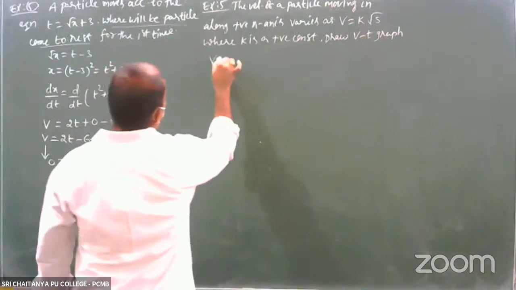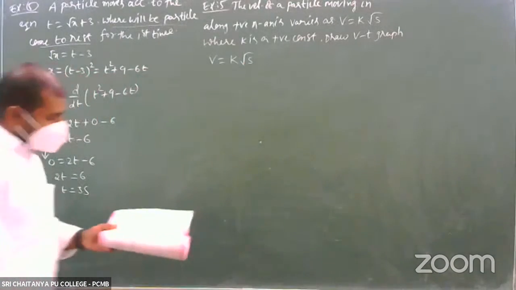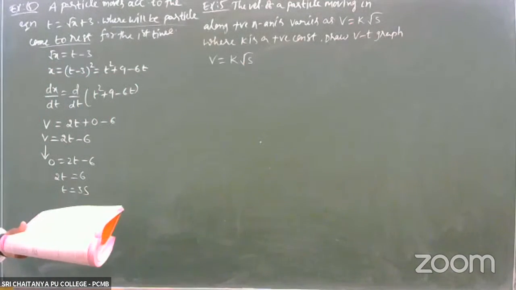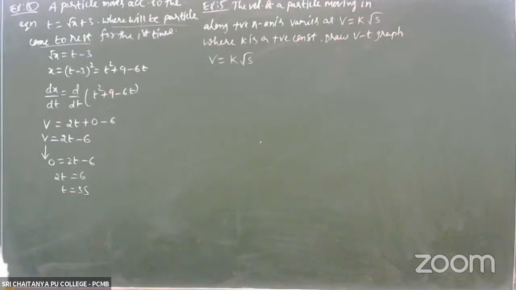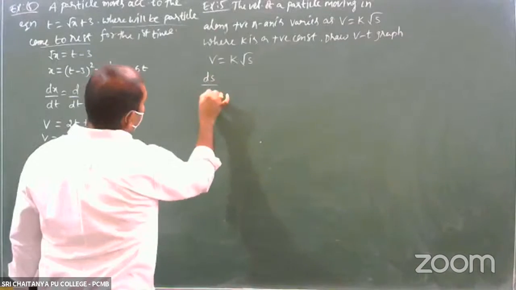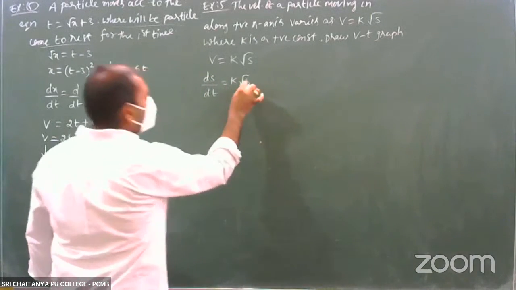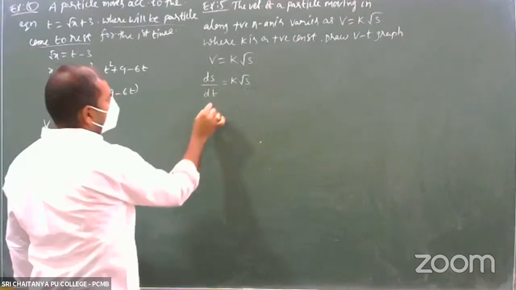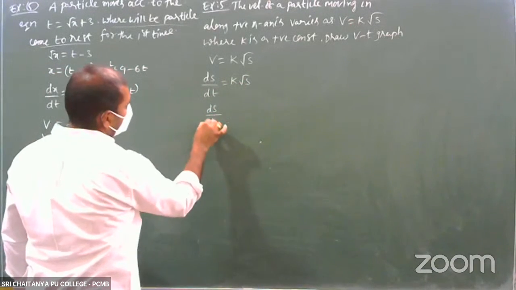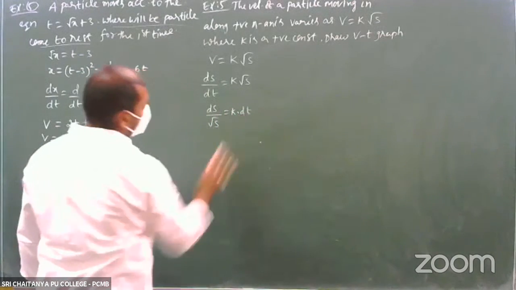Velocity is given, v is equal to k into root s. Here v means what? Velocity. Velocity is the rate of change of displacement. ds by dt is equal to k into root s. Send root s left side, dt right side. Then you will get ds by root s is equal to k into dt.